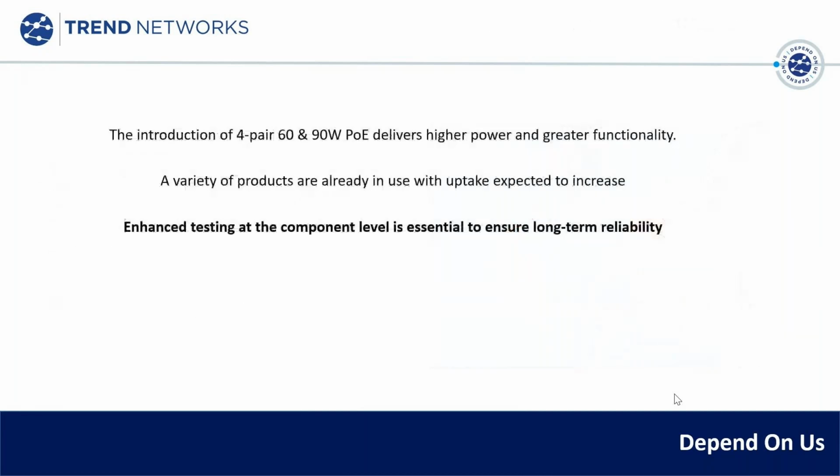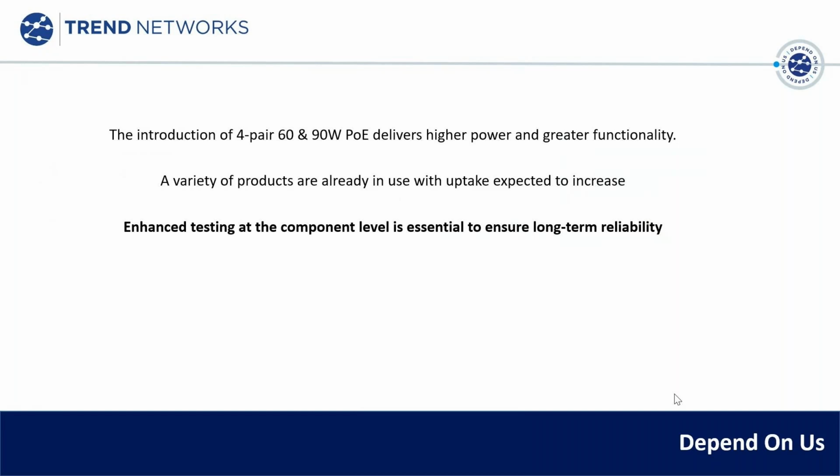So, our session today revolves around the upgrade of 4-pair PoE. 60 and 90 watt PoE now delivers higher power, greater functionality. There is a variety of products available and in use today, with the uptake expected to increase.